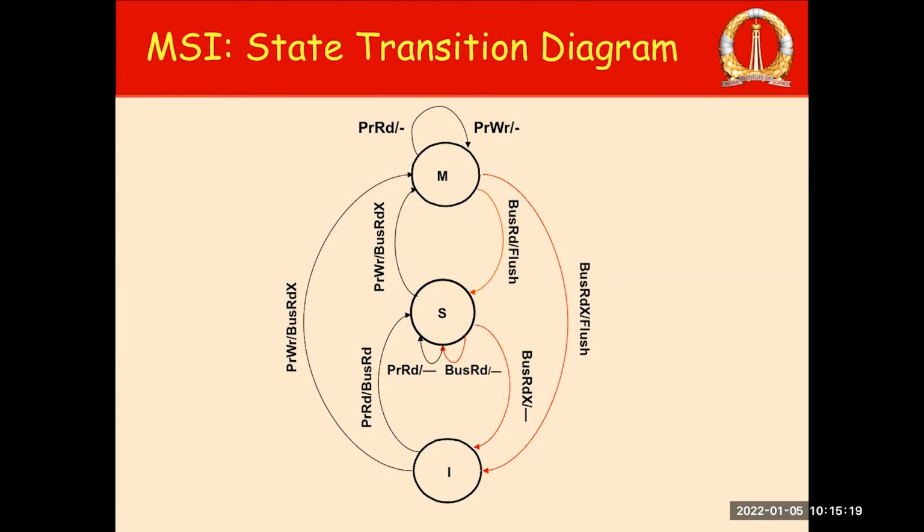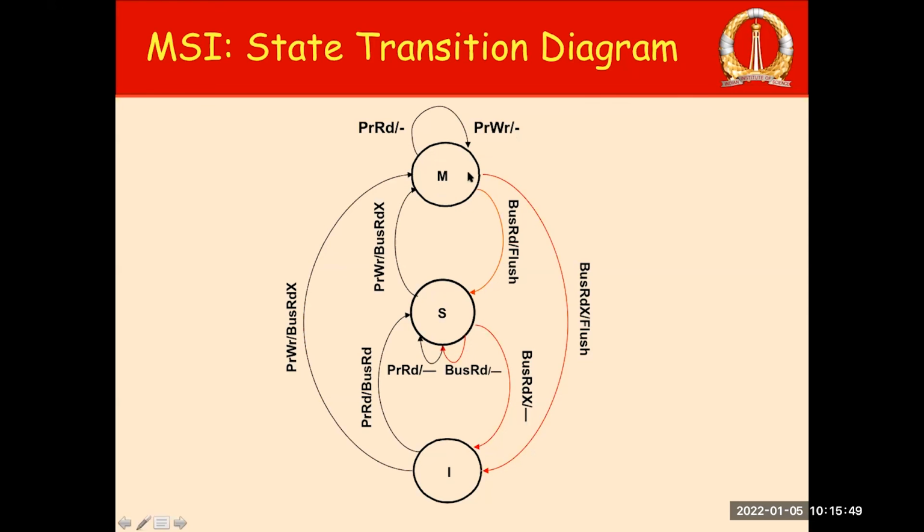Whereas in this particular case, it only sees a bus read signal as opposed to a bus read X signal. A bus read essentially means some other processor wants to read this data. So I don't have to invalidate my copy. I can continue to keep my copy, but I can't be in the modified state because now two of us are sharing the data. So I go from the modified state to the shared state, where both P3 and P2 are sharing the data, and both have the same common understanding that U is 7.